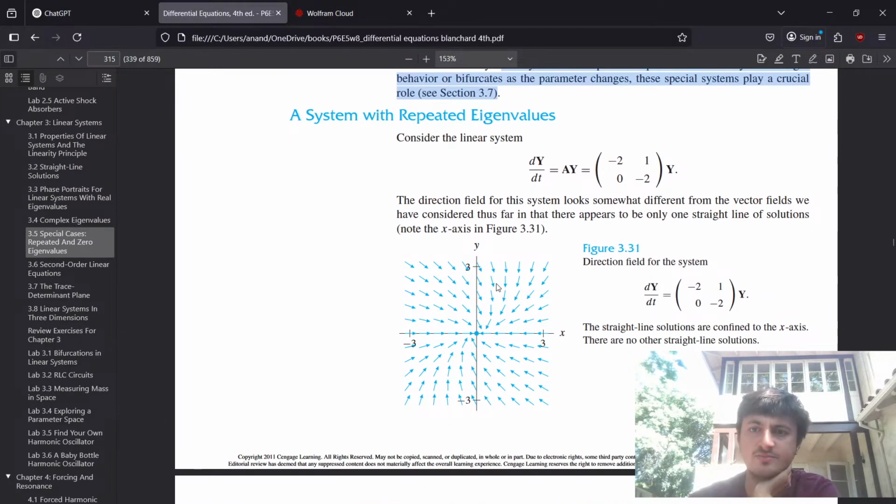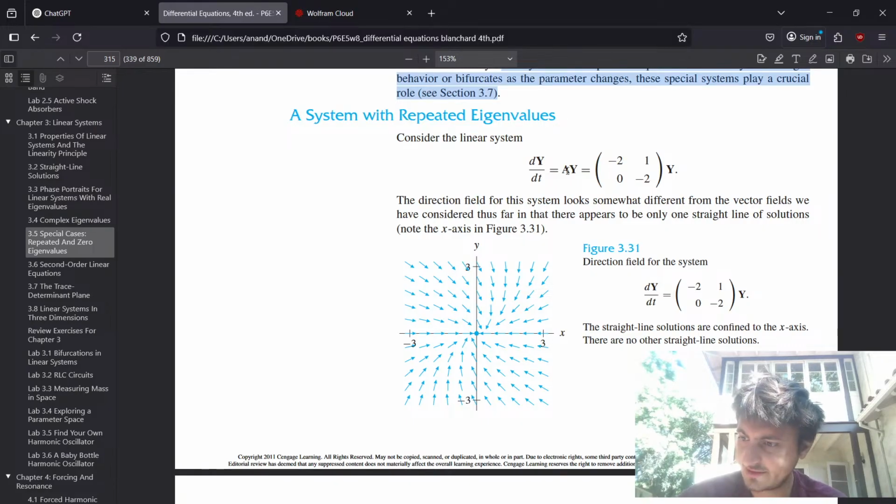All right, a system with repeated eigenvalues. Consider the linear system. This is section DE 3.5.